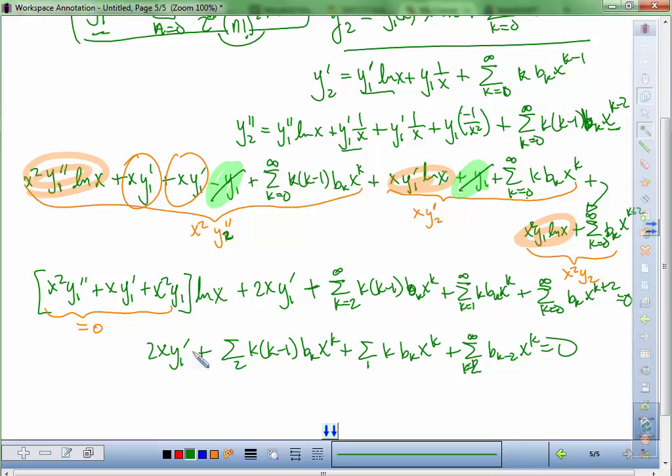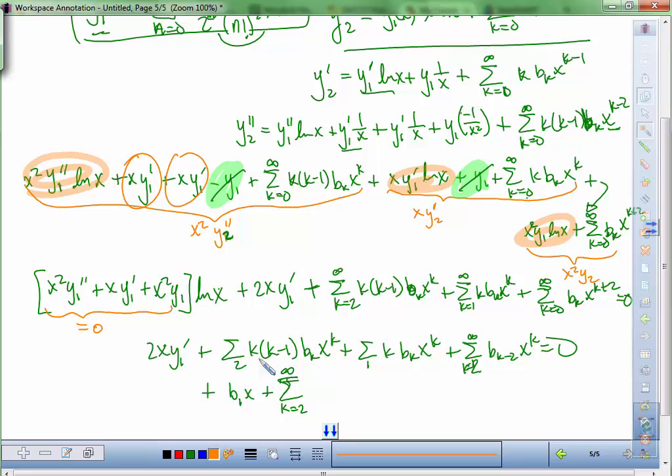So let's put these things together. When k is equal to 1 is our business, remember? We have b1 x to the first power. And then after that we have k starting from 2, and we can put all together in one summation.